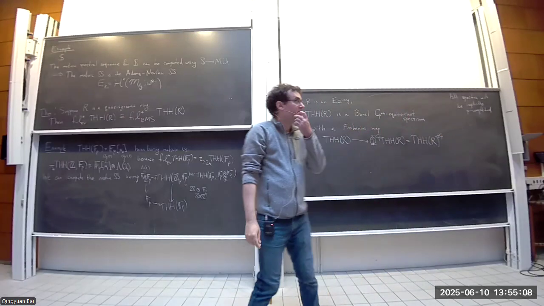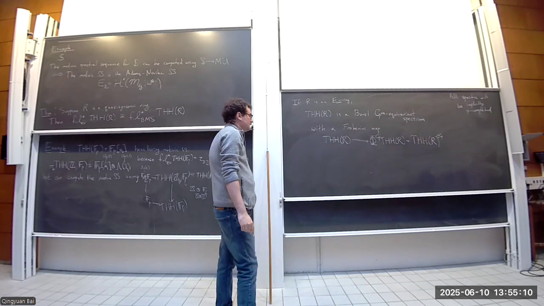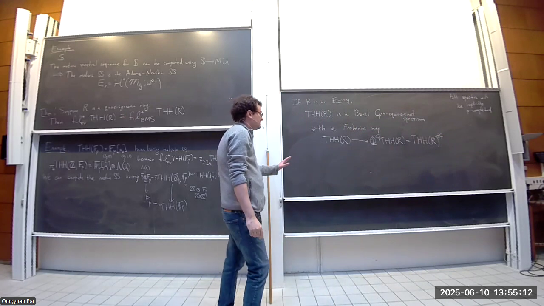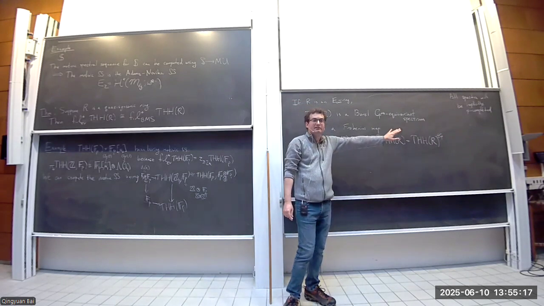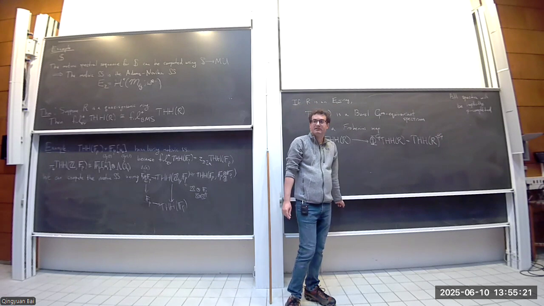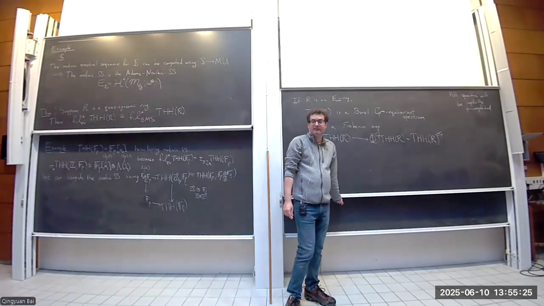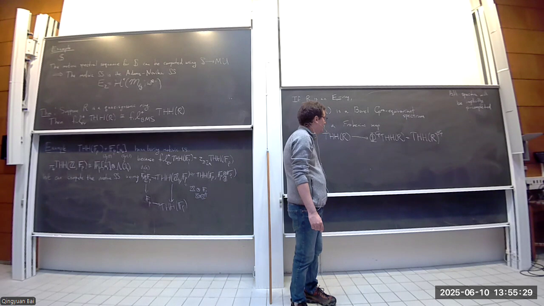So I want to talk about Borel C_p^infinity equivariant spectra as living in more general kinds of C_p^infinity equivariant spectra. I don't want to only be considering Borel objects, for reasons which will become clear later.